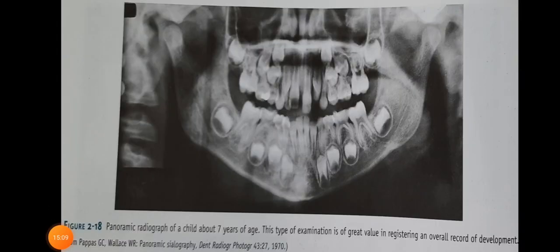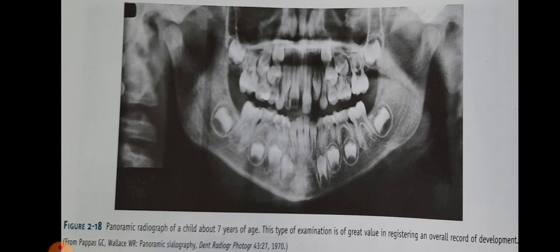Figure 2.18 is a panoramic radiograph of a child about 7 years of age. This type of examination is of great value in registering an overall record of development.